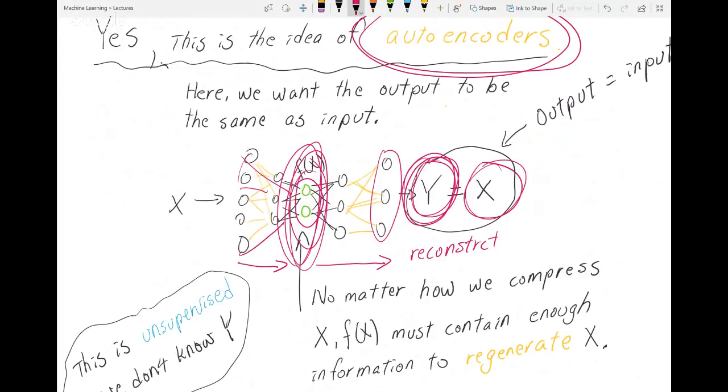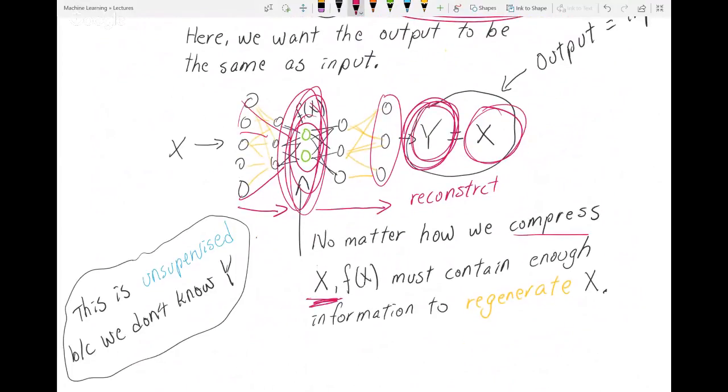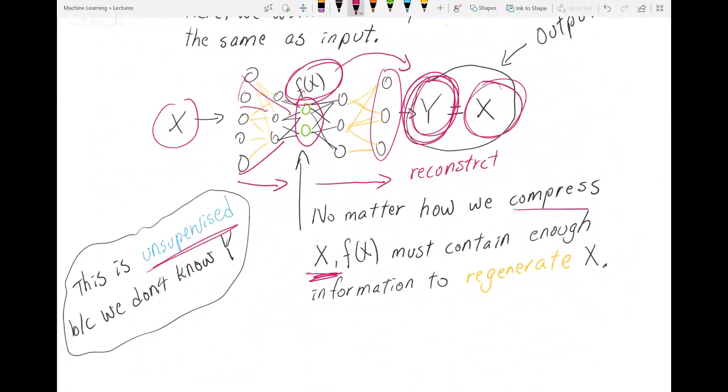So no matter how we compress this x, we want to make sure this f of x contains the same information that allows us to reconstruct the same x. And this right here allows us to do the unsupervised part, because we didn't know y, we just set it to x.